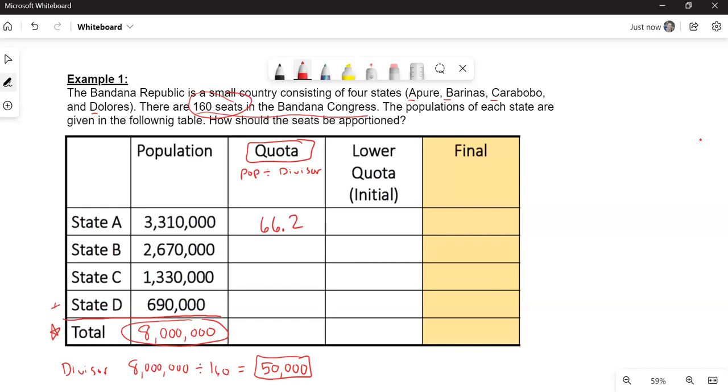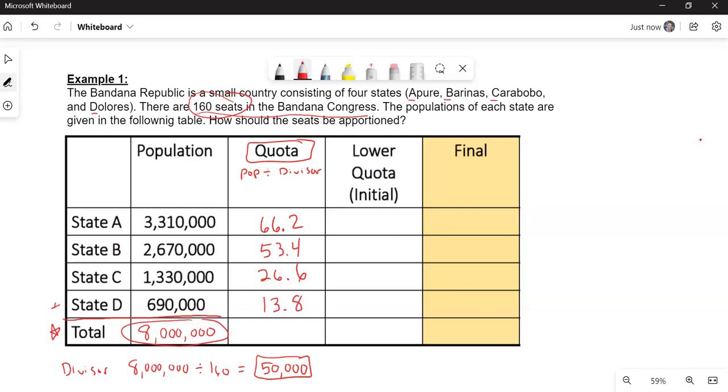All right, next one is 53.4. The next one is 26.6. And then the last one, which is our smallest state population, will be 13.8.